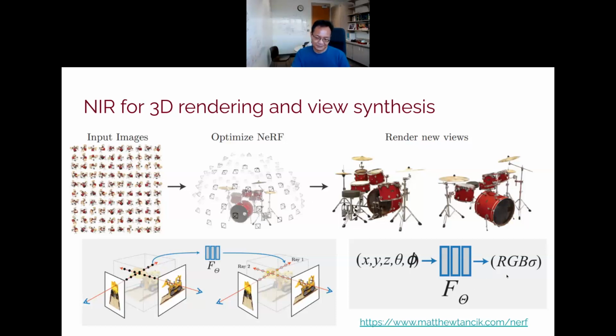The output of this function gives you the RGB values of the scene. After you reconstruct this 3D scene, you can generate novel views of it, which has a lot of computer graphics applications. Of course, that's why this is very popular right now in computer vision.